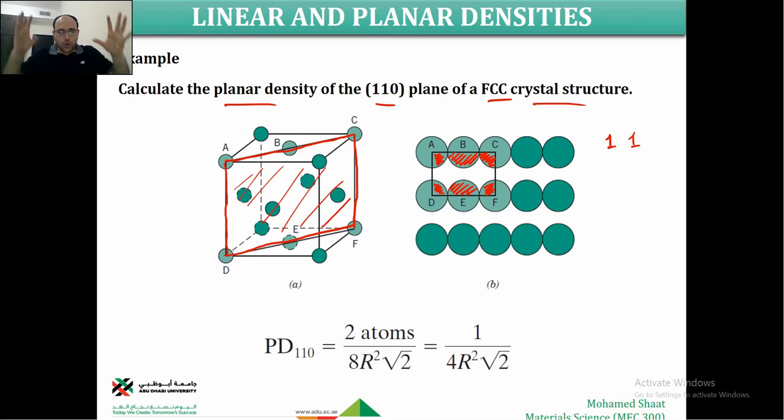So we do have 4/4 giving one atom and 2 halves giving one atom. So in total, we have only 2 atoms. All of these fractions or parts of the atoms will form only 2 atoms located inside the plane.